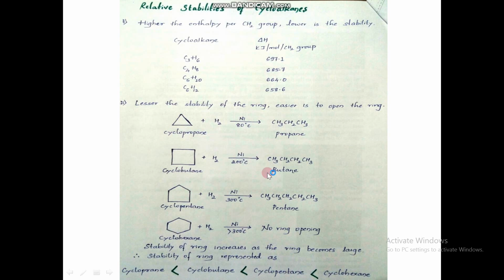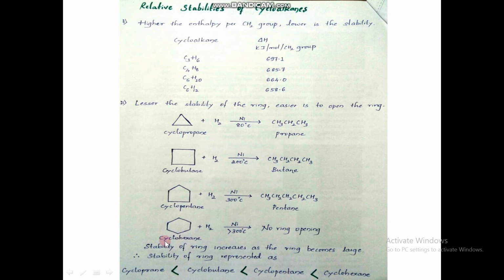Similarly, cyclobutane forms butane, cyclopentane forms pentane, but in cyclohexane there is never ring opening, because stability increases with the size of the ring up to cyclopentane, and from cyclohexane onwards all the cycloalkanes are quite stable, so there is no ring opening.